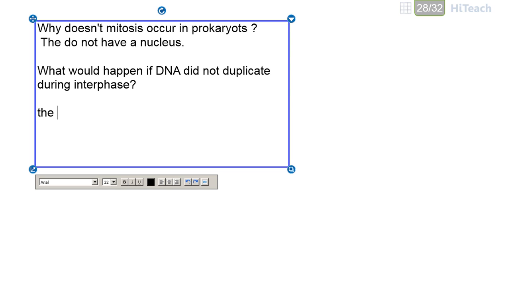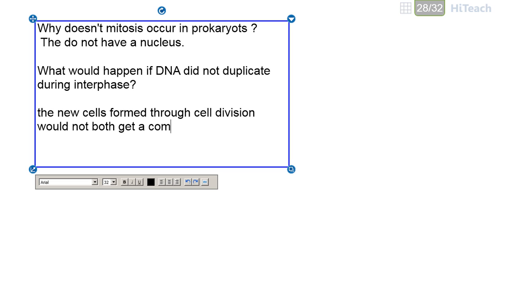So here the new cells formed through cell division would not both get a complete set of DNA, right?